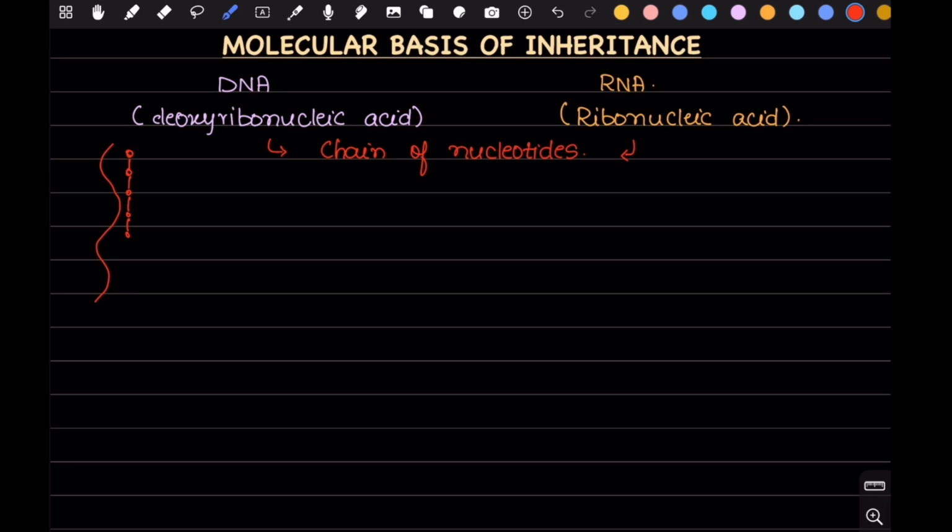A single molecule of nucleotide is made up of a sugar plus a nitrogenous base and a phosphate group. So this is called a nucleotide. A nucleotide is made up of sugar, nitrogenous base and phosphate.